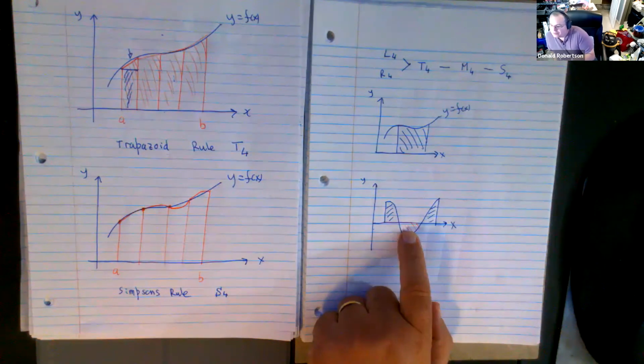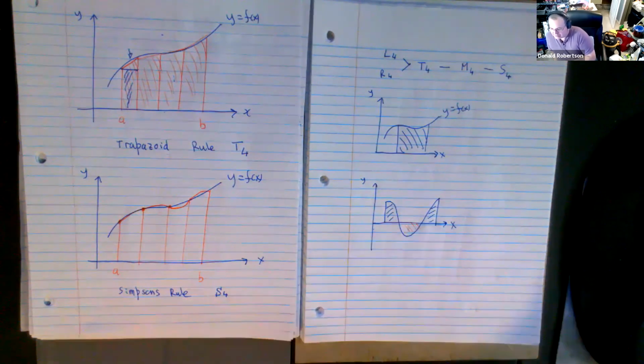How many times in your life have you been told you can't get a negative area? You must have screwed up somewhere. I'm now telling you, you can get a negative area. You have not screwed up. It is useful to consider areas below the x-axis as negative amounts.